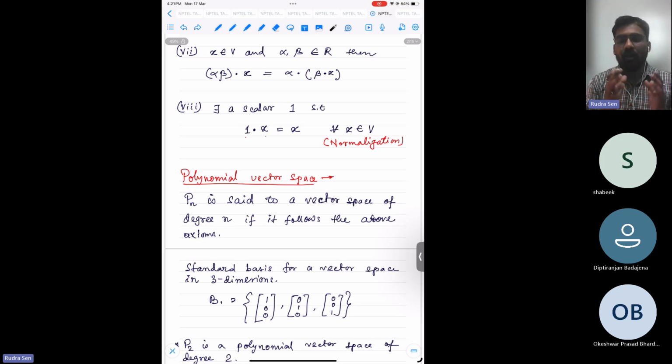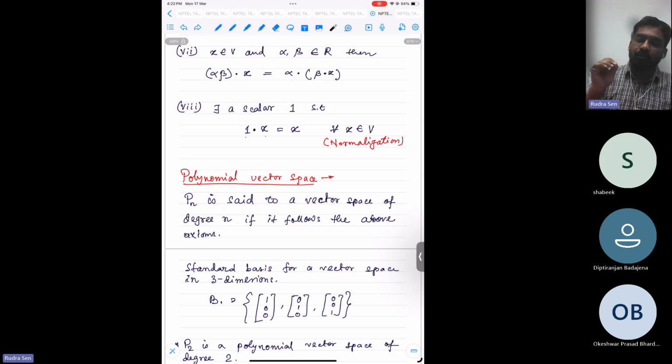How can we find the dimension of the vector space, and how is it related to the basis of the vector space? We have already studied that the number of vectors in the basis defines the dimension of that vector space.